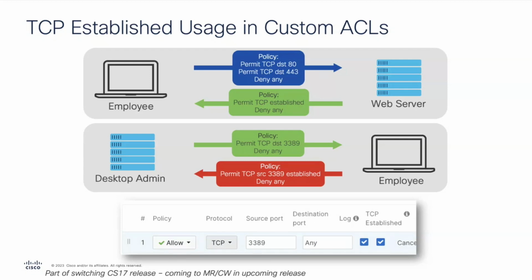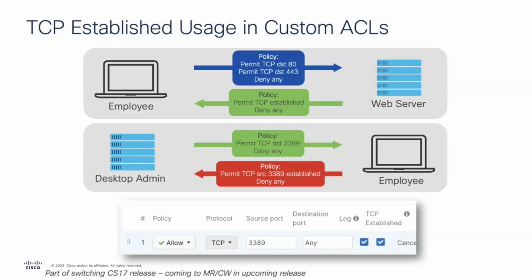So you could go in and just set permit TCP established. You can match port information, so you can really limit it down. Like the second example here is a common one where we need a desktop admin to be able to help someone out in the field that is having issues with their machine. And instead of having to build a substantially long list of things in the inverse, we can just match that established flag along with any other data we need.